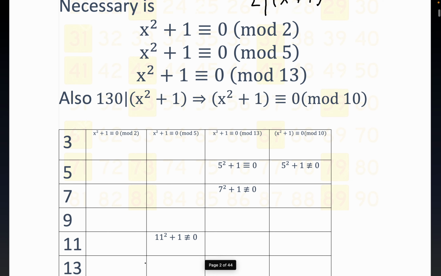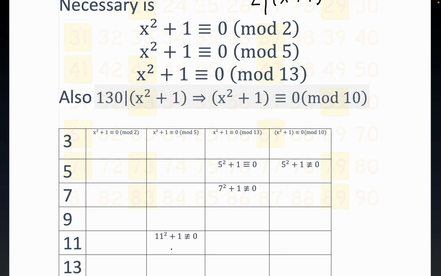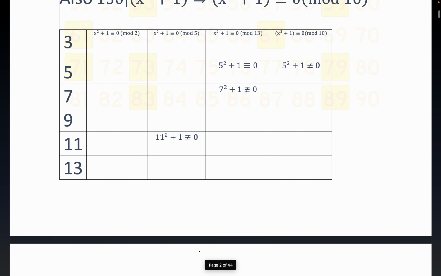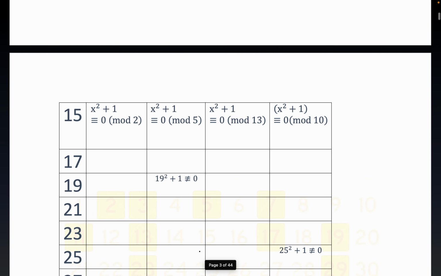Let's get all the way down to, I'm just picking some of these randomly, 11. 11 is the same as 1 mod 5, and so certainly this is not congruent to 0, because you can replace 11 with 1 and you get 2. It's not divisible by 5. I have a few more here; you guys can check them out.